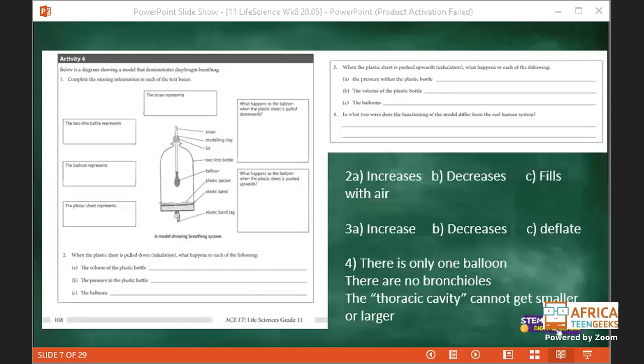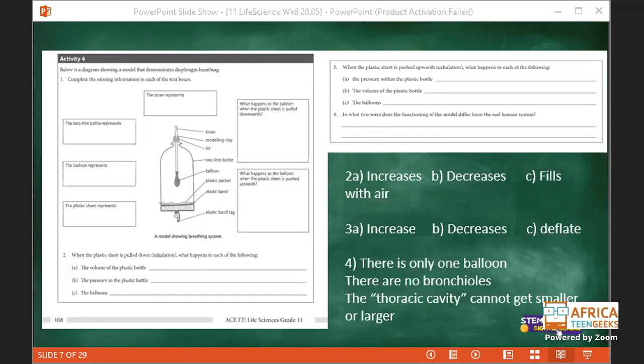I've been asked to repeat question 4. Question 4 asked, in what 2 ways does the functioning of the model differ from the real human system? When we were building this model, we were trying to demonstrate breathing that happens in the human system.